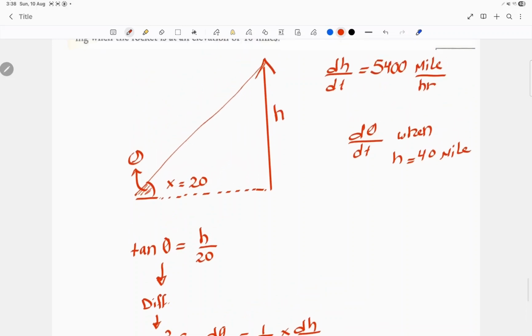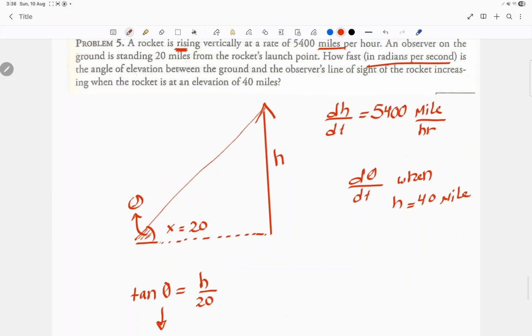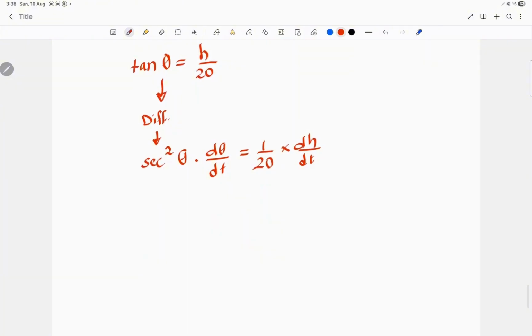Now here's the issue. If you look at the question, they want us to find how fast in radians per second. And here we have miles per hour. I must make it to miles per second. Can you guys do that part? Isn't it 3,600 or something? Yes. 1 hour is equal to 3,600 seconds.